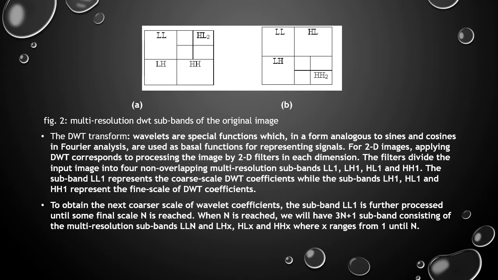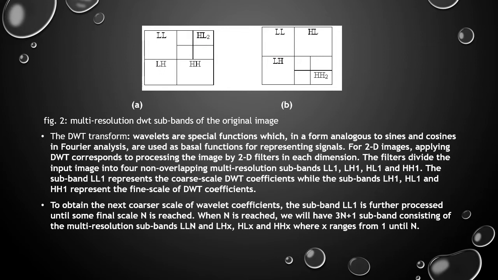Now the DWT transform. In this transform, we take wavelets, analogous to sines and cosines in Fourier analysis. This is used as a basis function for representing the signals. For a 2D image, applying the DWT corresponds to processing the image by 2D filters in each dimension. The filters divide the input image into four non-overlapping multi-resolution subbands.